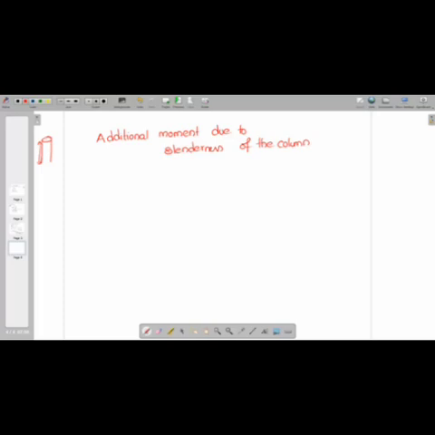Okay. The additional moment due to slenderness of the column, the additional moment in x direction, will be given as Pd by 2000 into LEX by the least lateral dimension in the other direction, whole square.